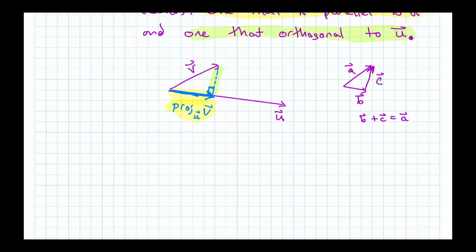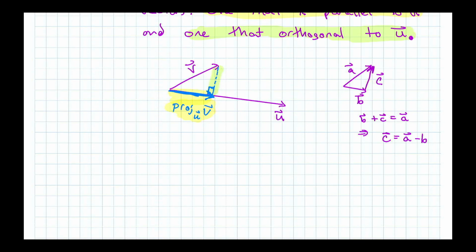So if you want to figure out what c is, then c is a minus b, right? Just from the line above it, actually. If you were trying to solve for this third vector c, first you write b plus c equals a using the regular rule for the sum of vectors.